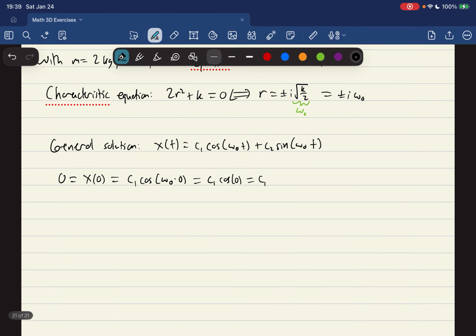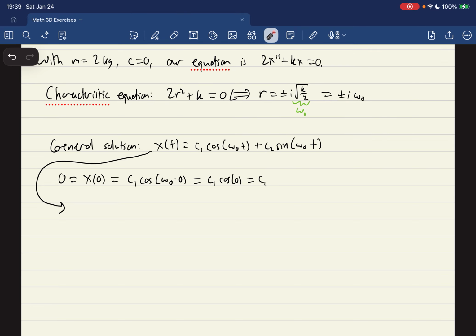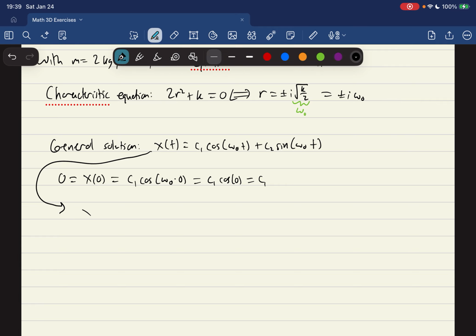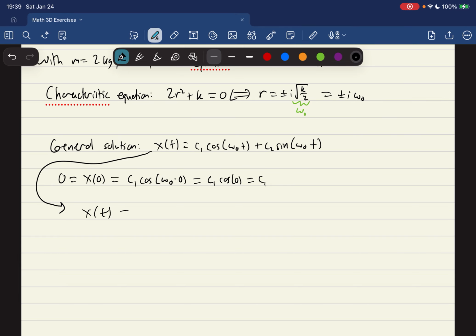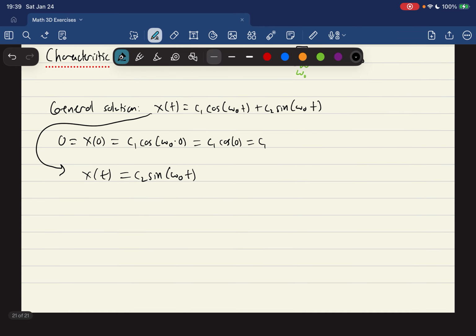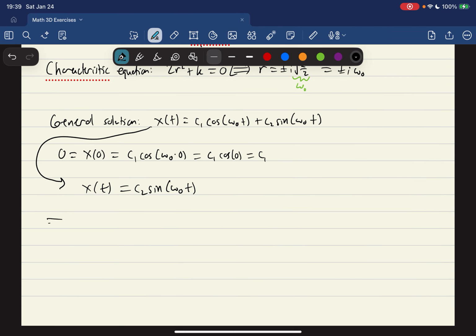So already this tells me c1 equals 0, so I can plug that into my general solution. This term is going to vanish, and all we're left with is c2 sine of omega naught t. Taking derivatives to plug in the next condition, we get omega naught c2 cosine omega naught t.